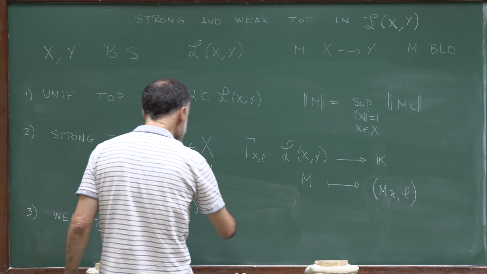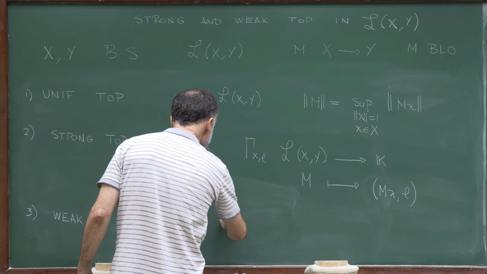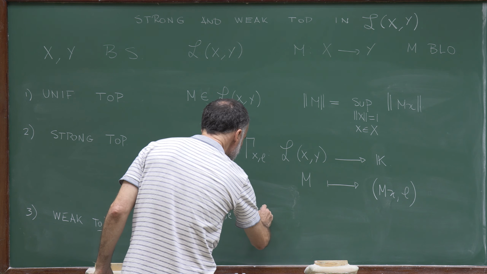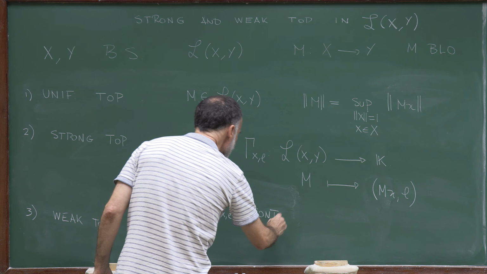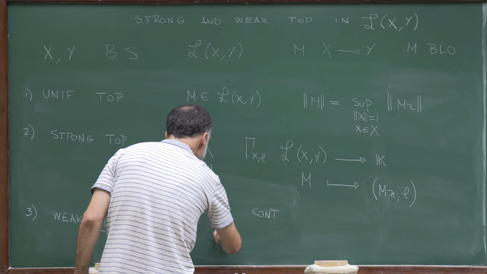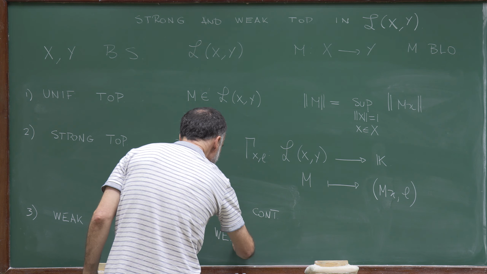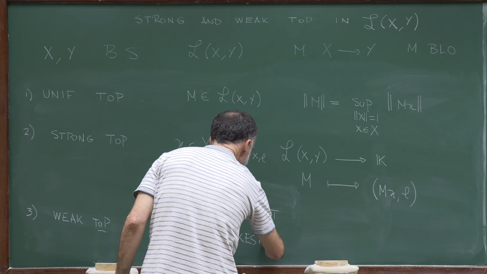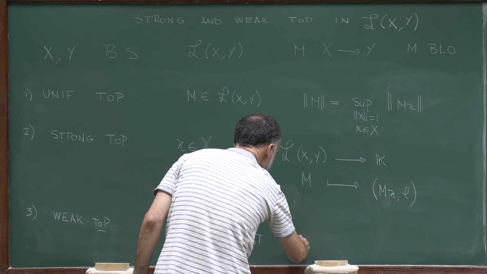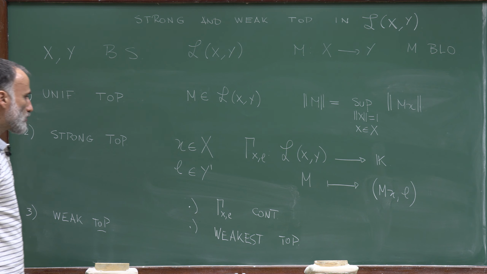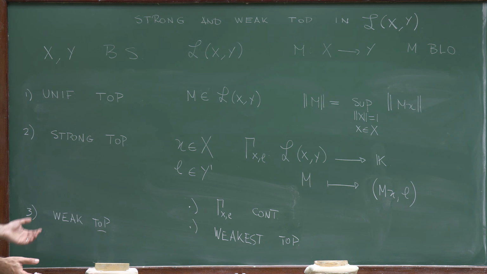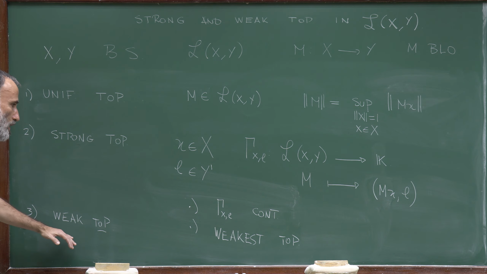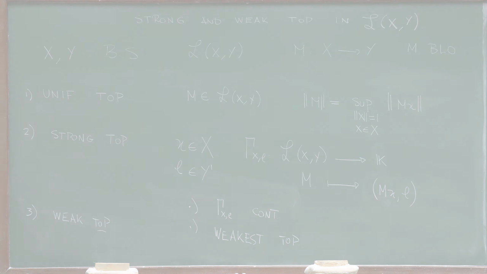Under the weak topology, these functions gamma x,L are continuous, and it's the weakest topology with this property. In this lecture, we will investigate some properties of the strong and weak topologies.